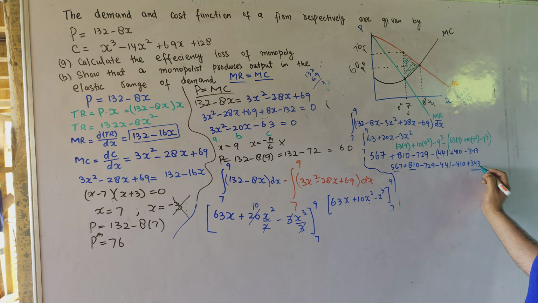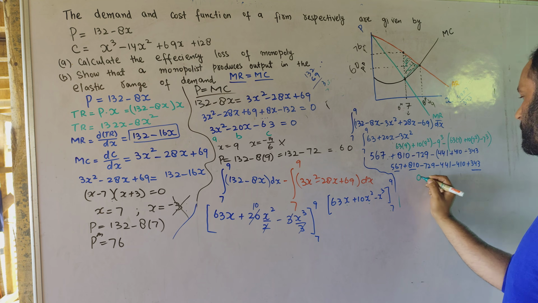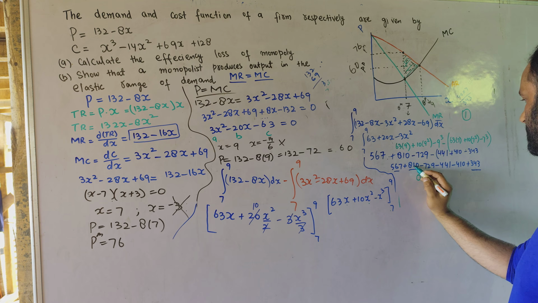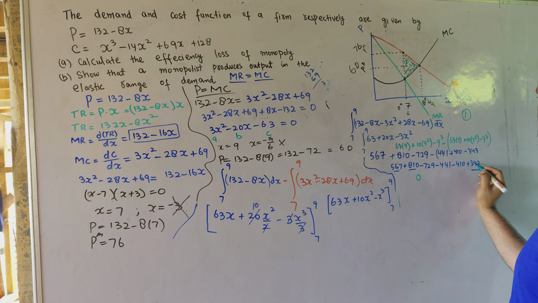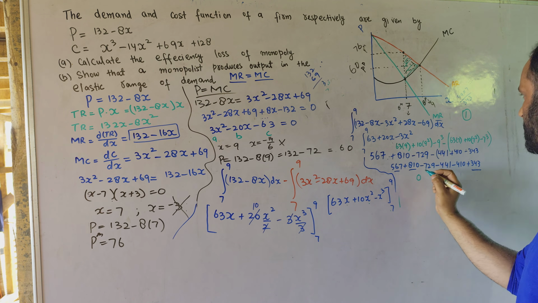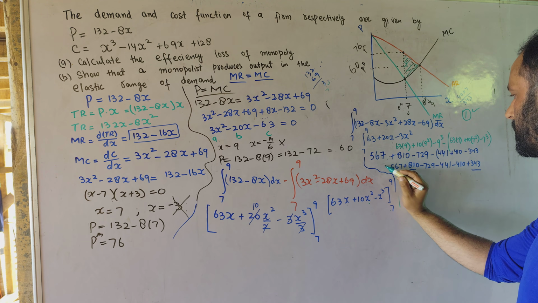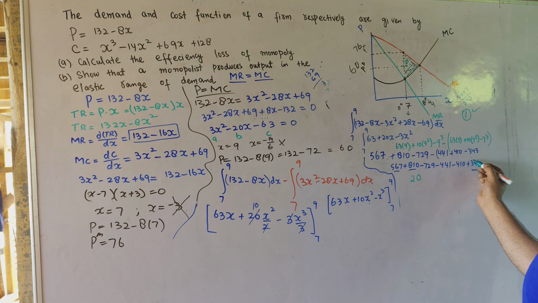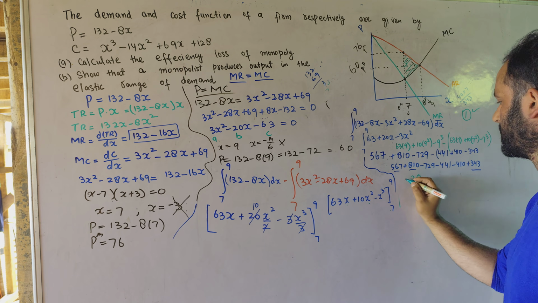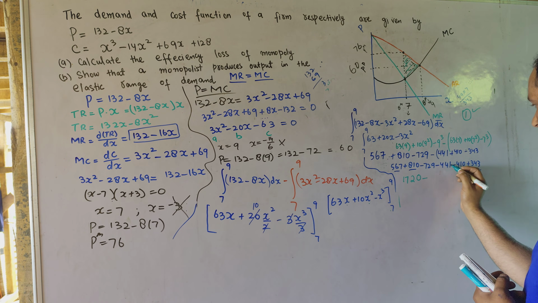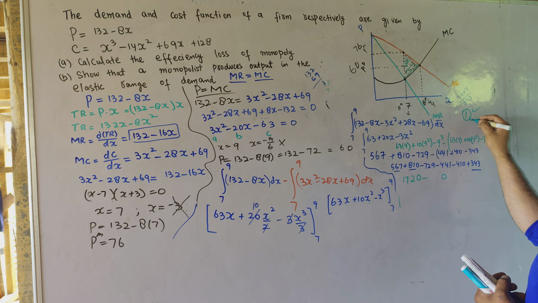Then we add the negative terms. So we have 1 plus 9, which is 10, carry.